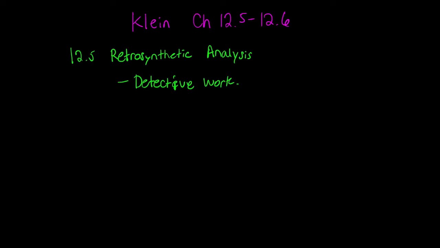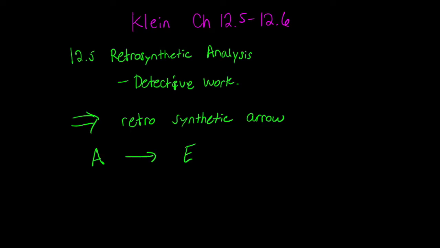And we use retrosynthetic arrows to do that. This is a retrosynthetic arrow. Now, sometimes you want to do a reaction. Molecule A is going to be transformed to molecule E. And what you do is you think backwards.